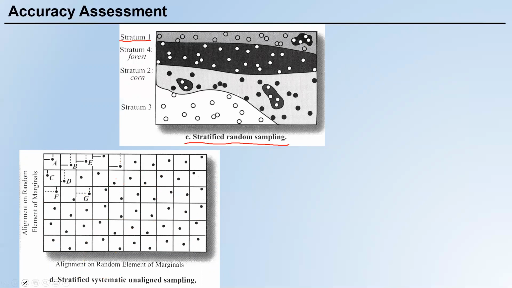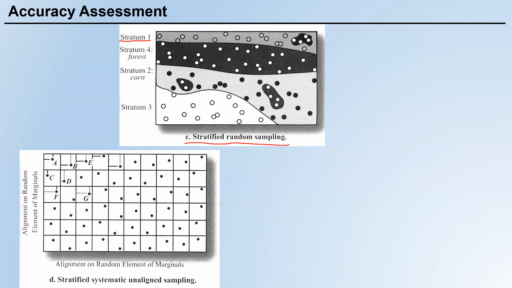What is the systematic part of this sampling method? Within each stratum, there is a sample point, which means that at stratum level, all the sample points are regularly distributed, because within each stratum, there is only one sample. And what is the unaligned part of this sampling method?